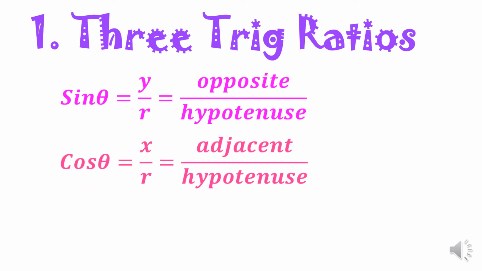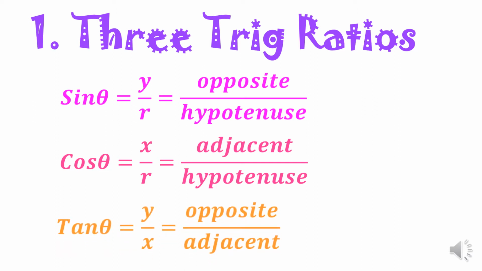We have cos of theta, which is equal to x over r, which is also equal to adjacent over hypotenuse. And we have tan of theta, which is equal to y over x, which is equal to opposite over adjacent.